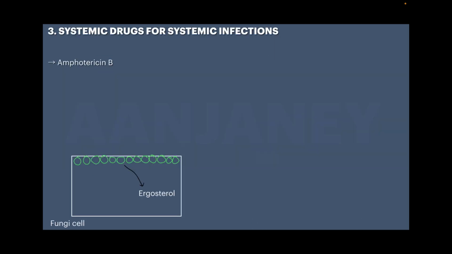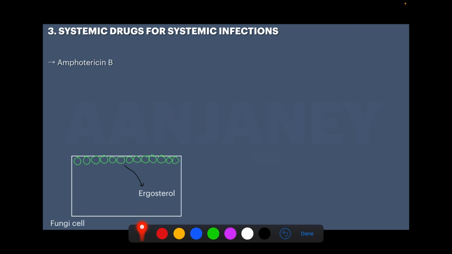Now we are starting with systemic drugs for systemic infection. First drug here is amphotericin B. This is the most important antifungal drug in the entire slide, amphotericin B. So now let's see how it works. We all know the fungal cell membrane has ergosterol.